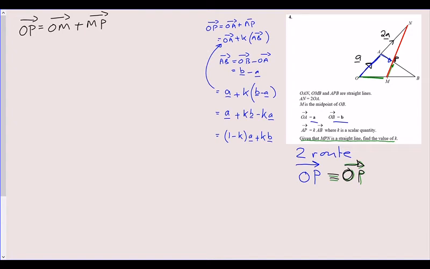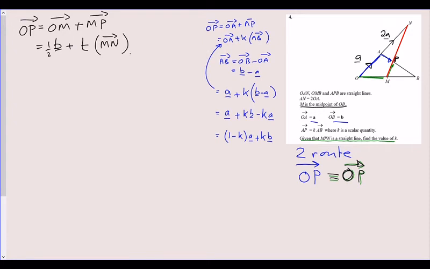Well, I know OM, it tells me M is the midpoint of OB, so that's going to be the vector half b. Plus MP is some fraction of MN. So we'll use a different letter here, since we've used k for the other fraction. I'm going to use t. So it's t times MN.